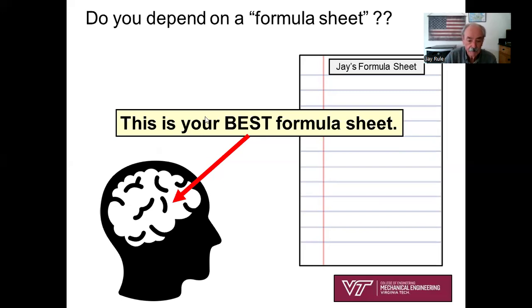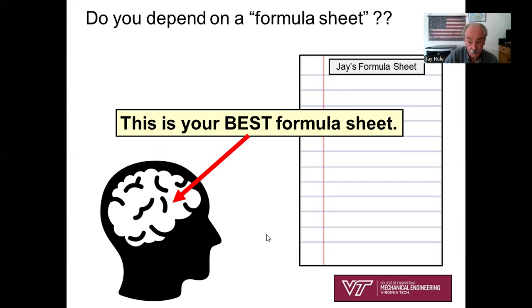But look, this is your best formula sheet. I really recommend that you think about what fundamentals you can get into your head, that you can really learn, and not worry so much about formulas, formulas, formulas. The fundamentals in your head are your best formula sheet.